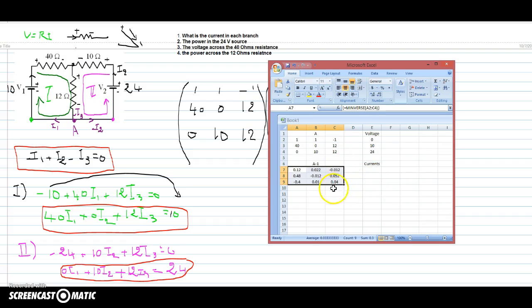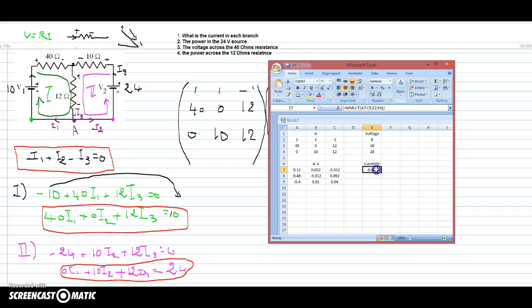This is the inverse matrix A. The voltage column is 0, 10, 24. The current is 3 currents, so I'm going to select 3, and then call the function matrix multiplication. So the argument is A inverse and then the column vector of the voltage. Again, close, Control Shift Enter. Let's try again.